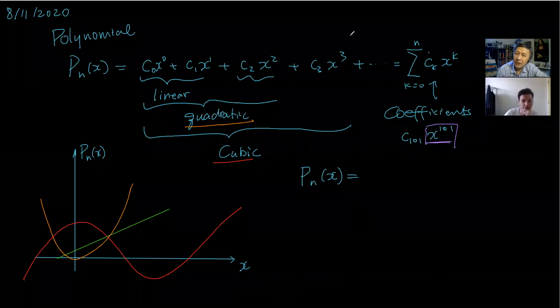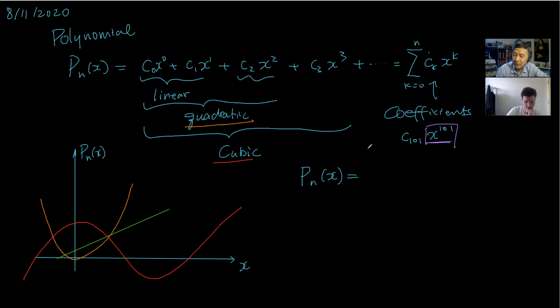So in this way we can just write a column vector: C0, C1, C2, and so on until Cn. So a polynomial in algebra can become a vector, and that can be manipulated by matrices later on.